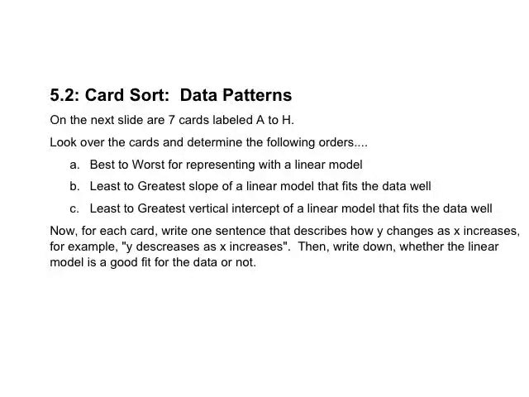For each card, write one sentence that describes how Y changes as X increases. We don't know what the data variables represent, so you can just say something like Y decreases as X increases, or Y increases as X increases. Oh, I noticed a typo. Oh well. All right, so pause it here, look over the cards, and answer the questions.